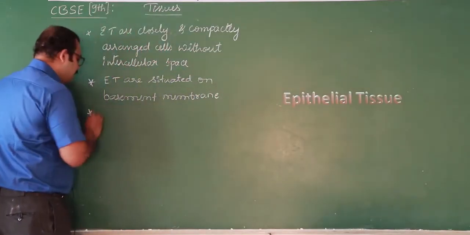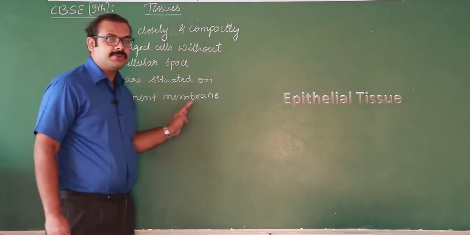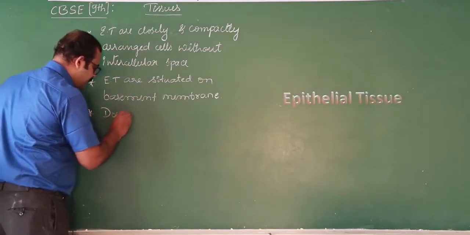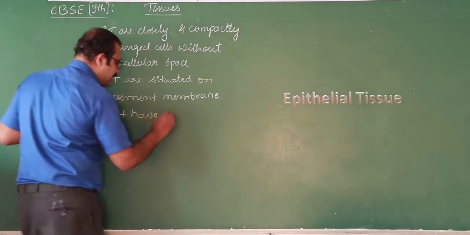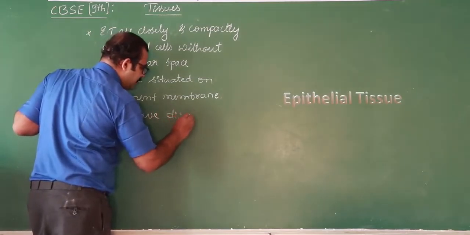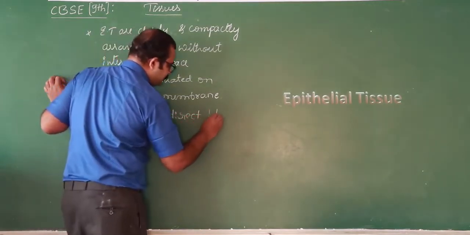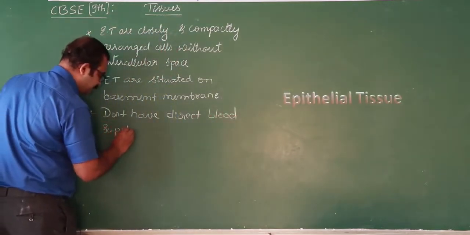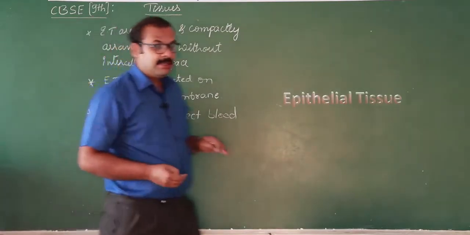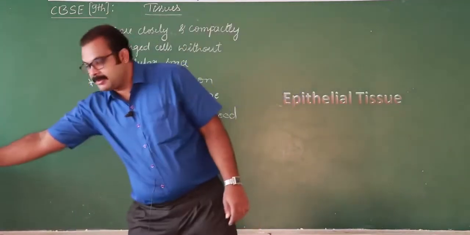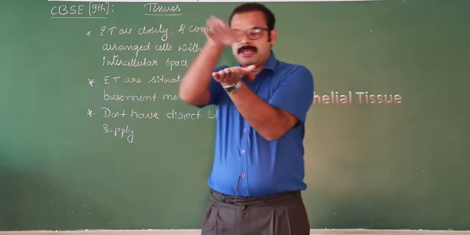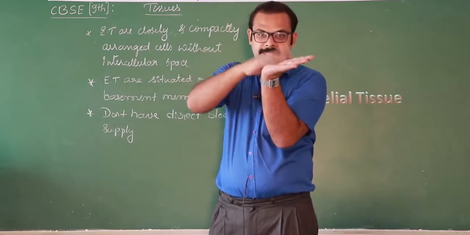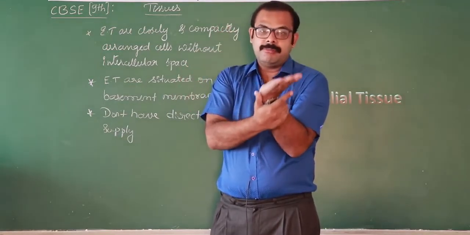Next, epithelial tissues do not have direct blood supply. For example, consider this is the basement membrane, and over it the epithelial tissue is located. The epithelial tissue does not contain any blood supply, but the basement membrane has a blood supply.